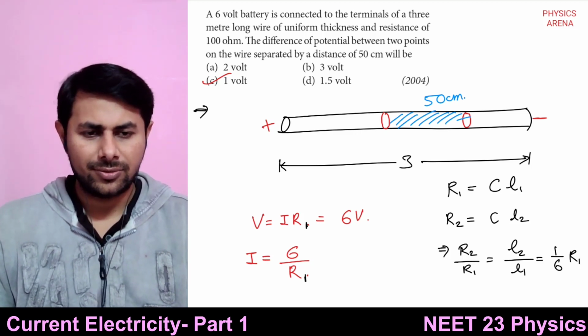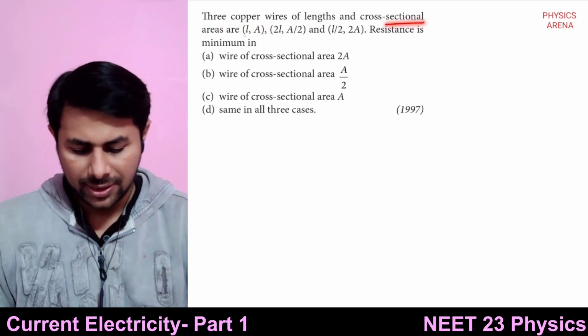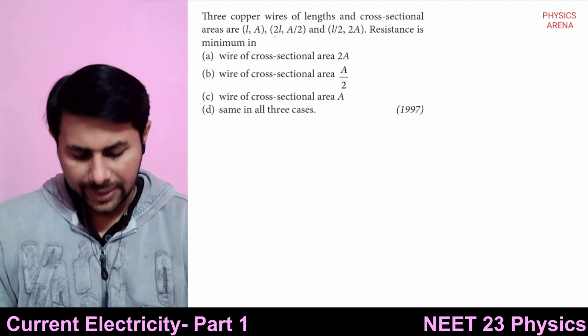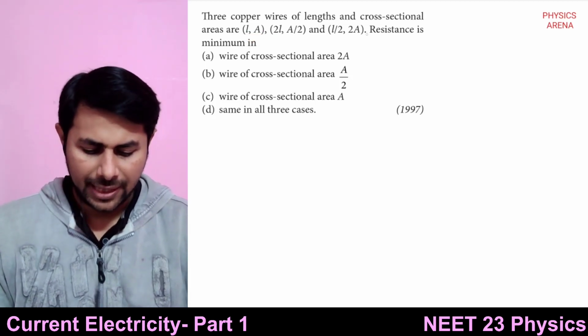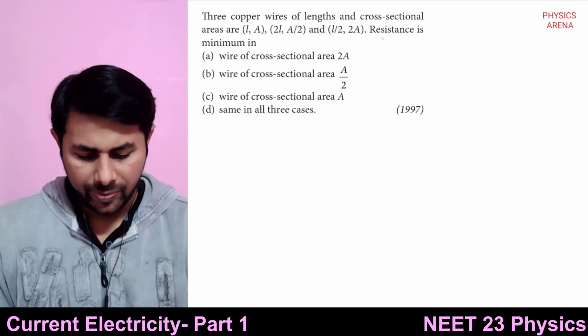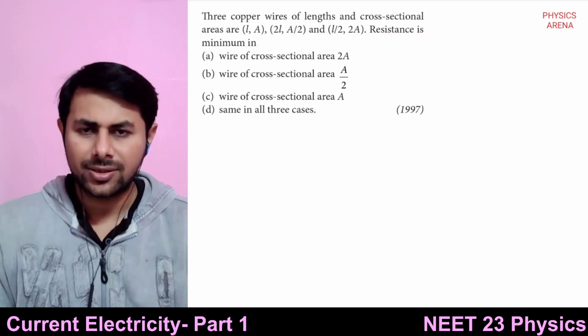Got it? Yes, no? 3 copper wires of length and cross-sectional areas are L, A; 2L, A by 2; and L by 2, 2A. Resistance is minimum in. So we have to check this.